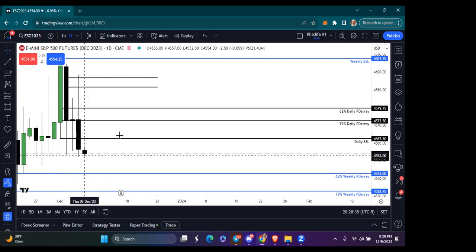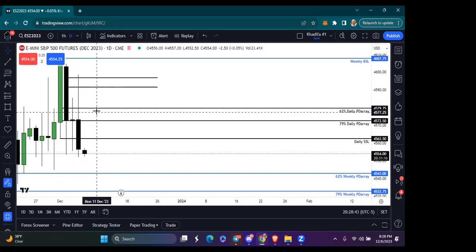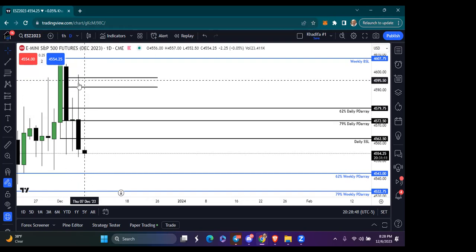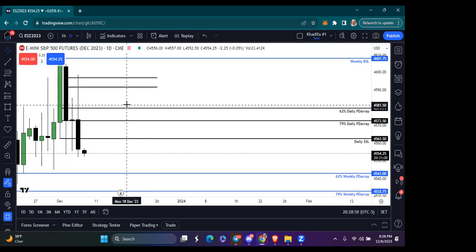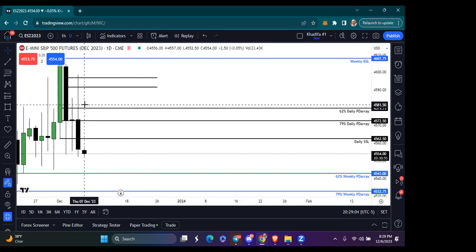So that's why I said make sure you're changing your daily PD array levels every day, because if you're not, you'll still have your levels on there from Friday, and you won't have these on your chart as a point of reference, right? So always make sure you're putting your daily PD arrays on there every day, because on the current trading day you're always referring back to the previous day's PD array level.